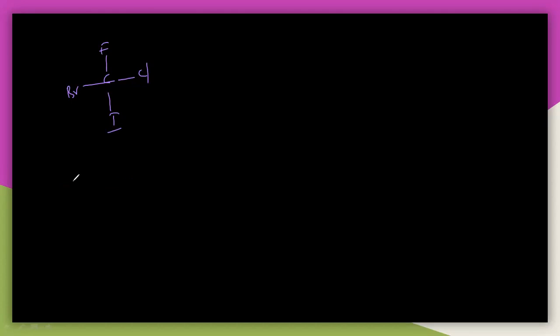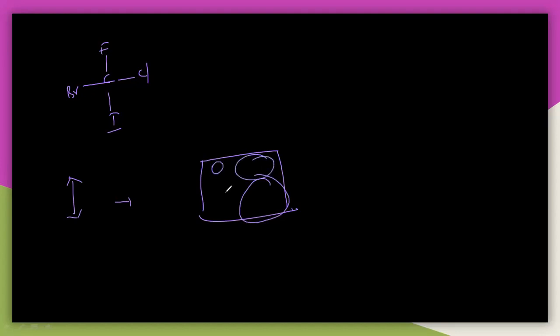So plane polarized light which is vibrated in only one plane, and if you take this particular structure, సో ఇక్కడ ఏంటి అయోడిన్ చాలా పెద్దగా ఉంటది. సో ఫ్లోరిన్ కొంచెం చిన్నగా ఉంటది. క్లోరిన్ ఇంకొంచెం. సో బ్రోమిన్ ఇంకొంచెం పెద్దగా ఉంటది. సో ఇలా డిఫరెంట్ సైజెస్ ఉండడం వల్ల ఈ ప్లేన్ పోలరైజ్డ్ లైట్ can be easily rotated towards left or right. లెఫ్ట్ గాని రైట్ గాని ఈజీగా తిరుగుతదన్నమాట.